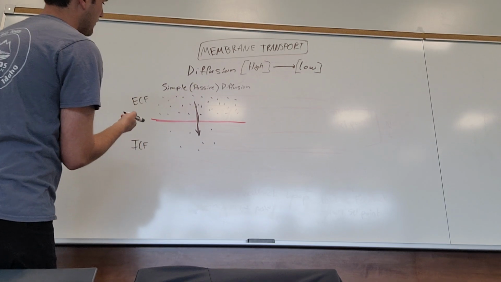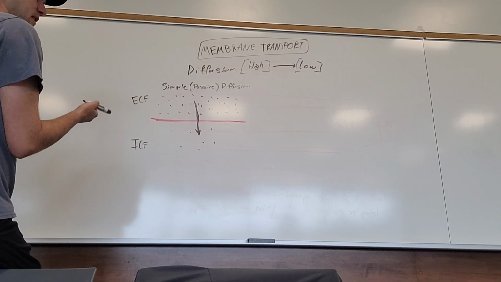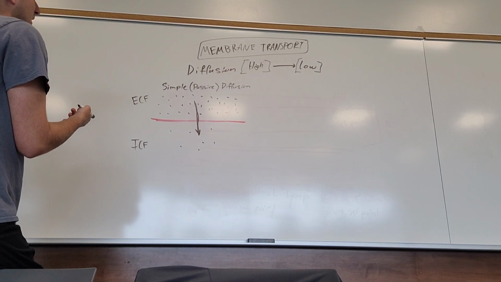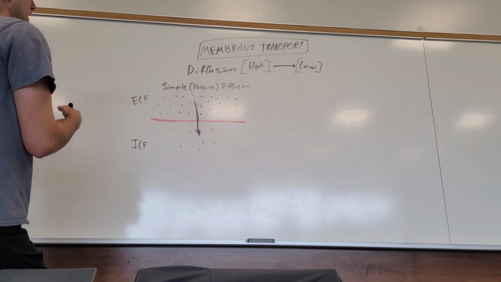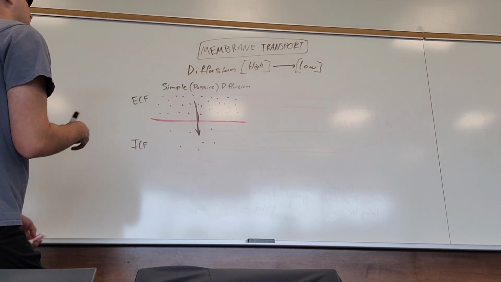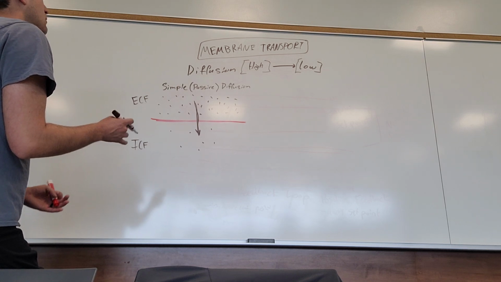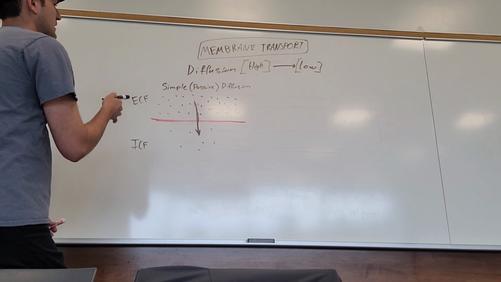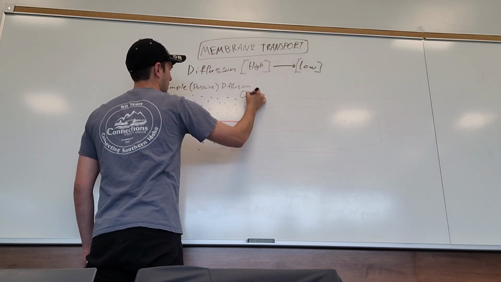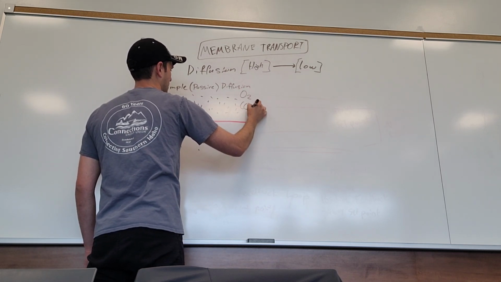But not every molecule, not every solute is able to do this. So this would be just smaller molecules. Mostly what's going to be doing this simple passive diffusion is our oxygen and our carbon dioxide.